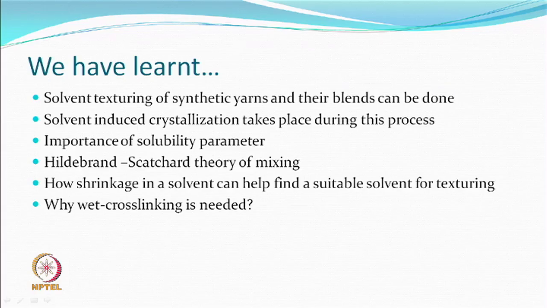So, you can have cross-linking going on simultaneously, with the synthetic part of the fiber acting as a thermoplastic because of the solvent polymer interaction, and in one go you may be able to texturize. Texturing of polyester viscose blends has been attempted like this as well. So, we stop here: solvent texturing of synthetic yarns and their blends can be done.